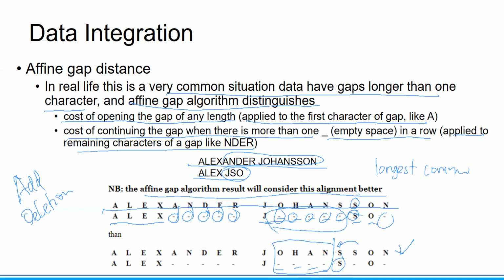If we can shorten the distance, we can say that this one is shorter, but the cost for this one is much better. So that's why in the affine gap algorithm, they will consider this alignment better than this one.